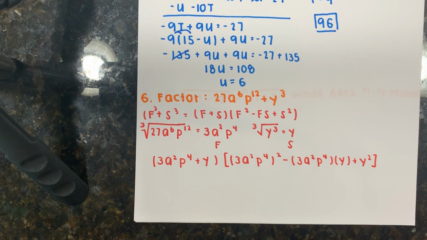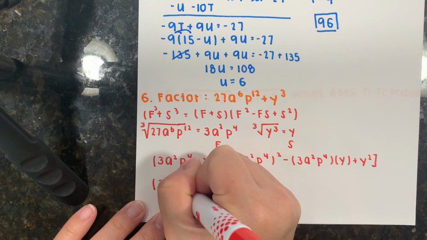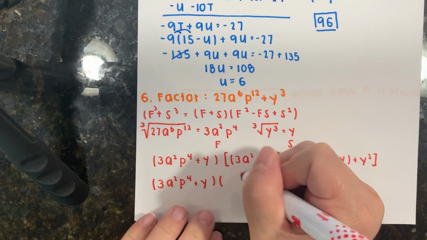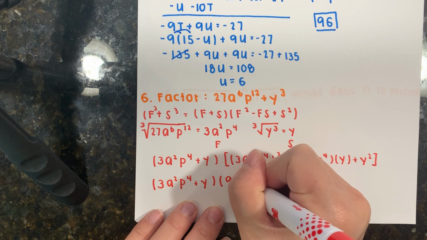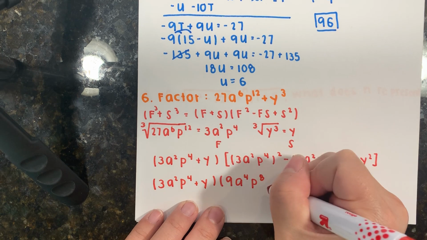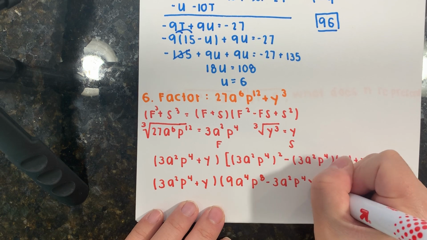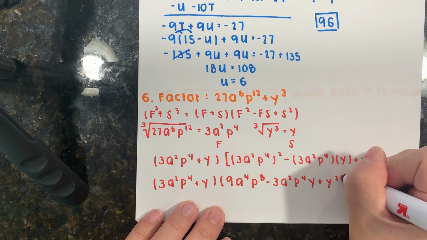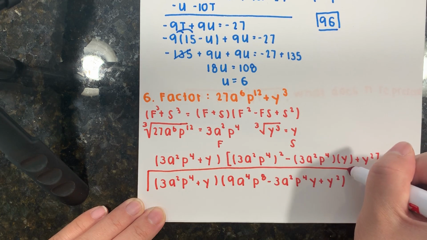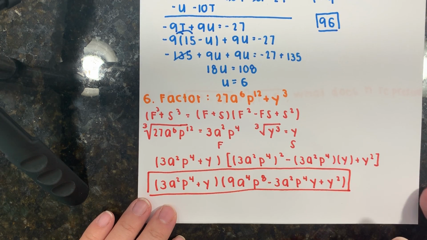And your last step is just to simplify that, meaning that this parenthesis stays the same, so 3a squared p to the 4th plus y. Then I'm going to square this term, so square 3, which is 9, square a squared, which is a to the 4th, square p to the 4th, which is p to the 8th, minus 3a squared p to the 4th y, and then plus y squared. Okay, and that's number 6.